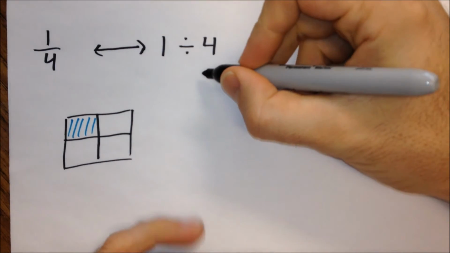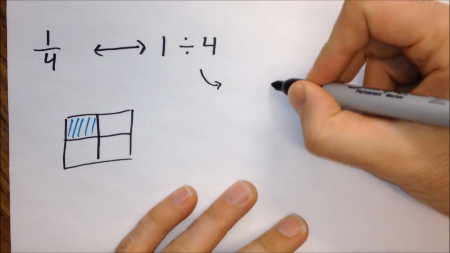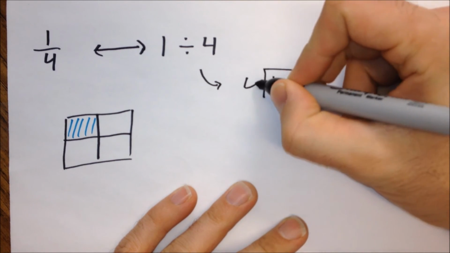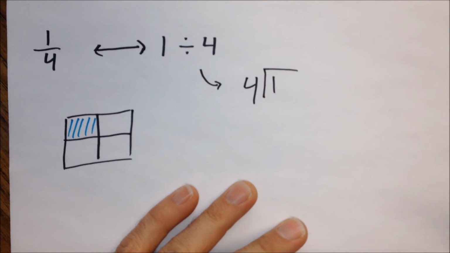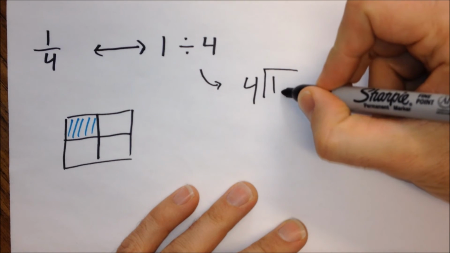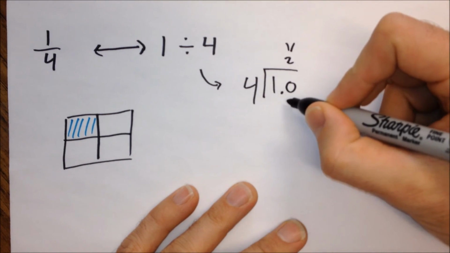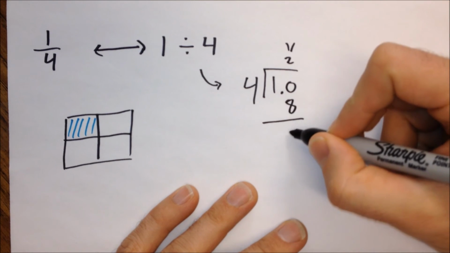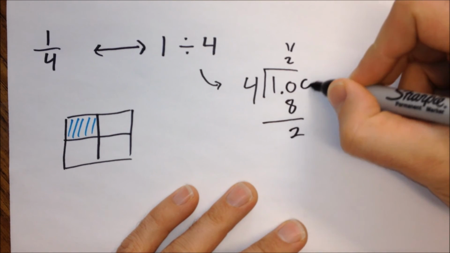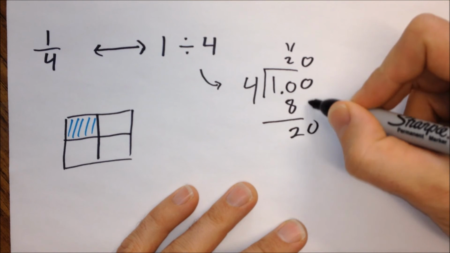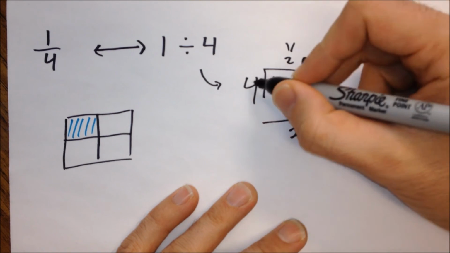And by the way, if you were really motivated, we could write this with 1, and then we could put the 4 on the outside, and we could do long division to find our answer. We would need to put a decimal here, and then we'd go 2 times 4 is 8, subtract, and we would get 2, we'd need one more 0.